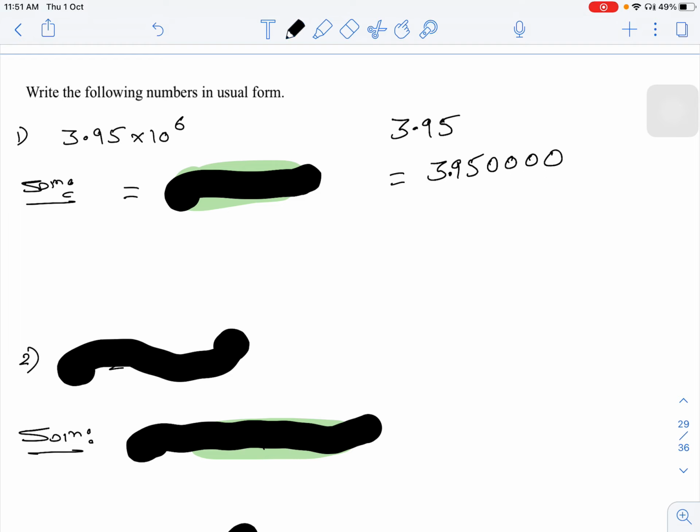So our answer will be 3950000, and the decimal will be present over here at the end. Okay, so here what we have done is we have decreased the power of 10. As we are decreasing the power of 10, the decimal is moving to the right. And the same rule we have seen before.